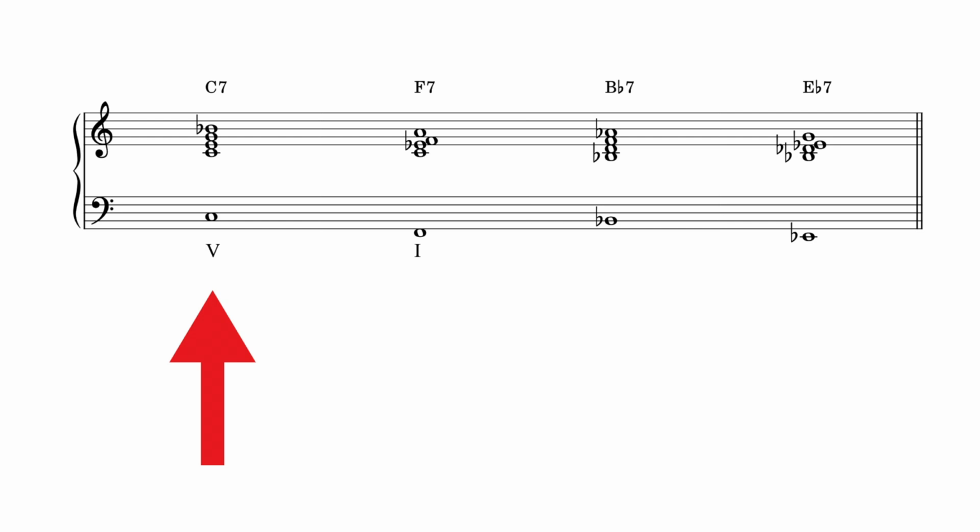C7 is the 5 chord in the key of F, but F7 is the 5 chord in the key of B flat. And then we have B flat 7. This is the 5 chord in the key of E flat. So you have this whole series of 7th chords, and notice the bass is following the circle of fifths.